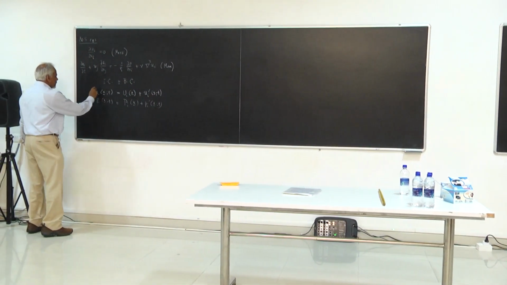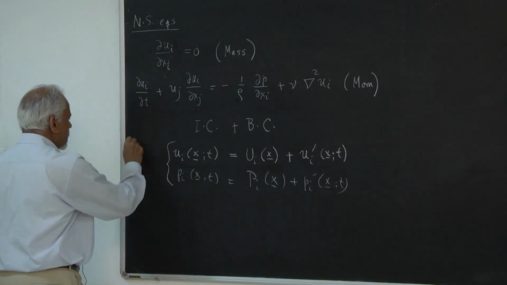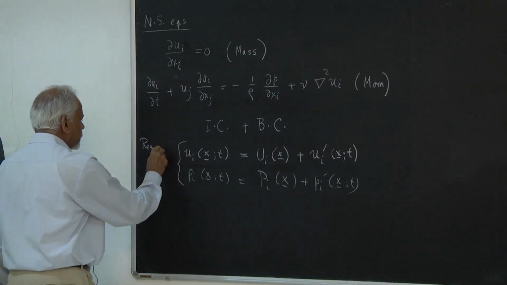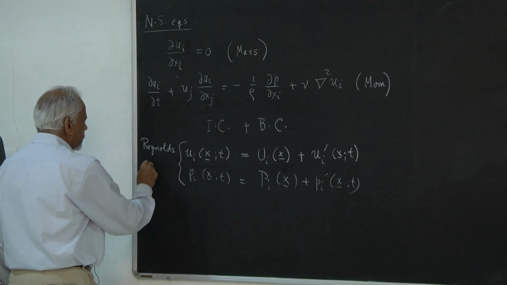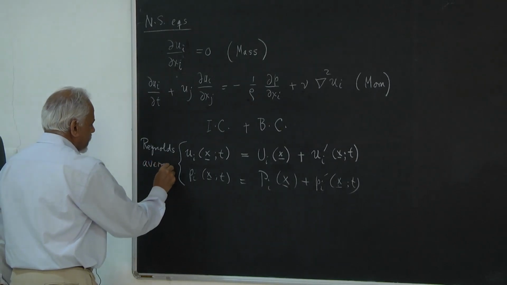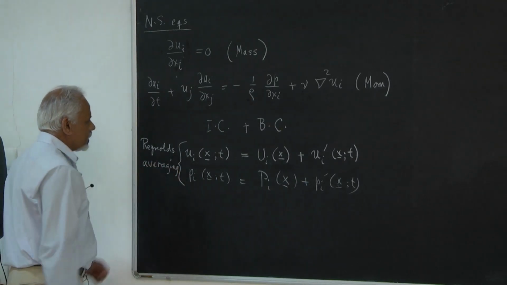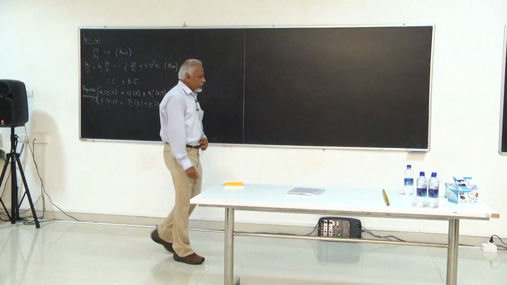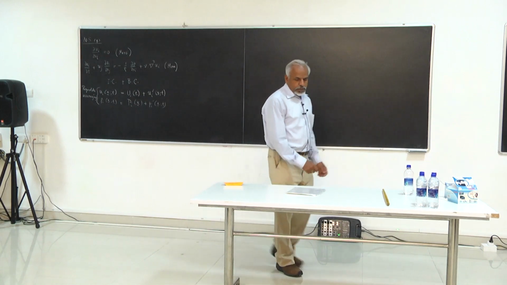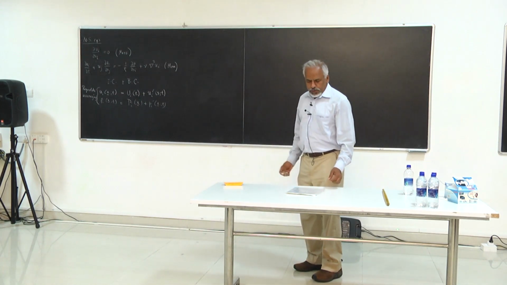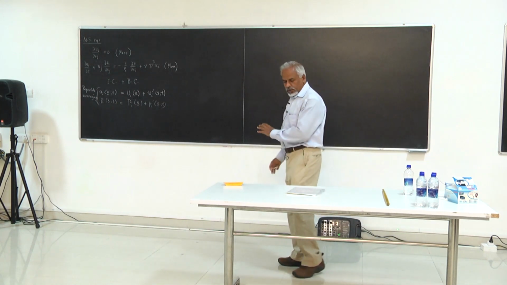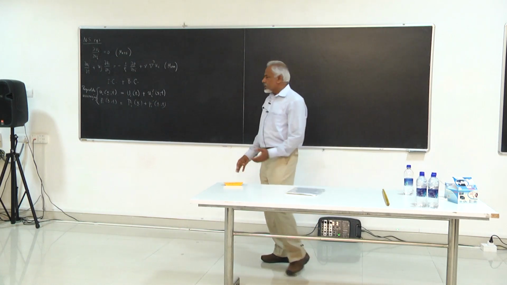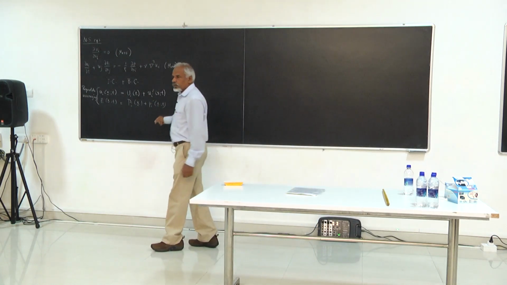Now this is called in the jargon Reynolds averaging, after the first person who introduced it in the field, Reynolds. Mathematically you can, of course, always write in this fashion, but you can always ask whether this is a meaningful thing to do.